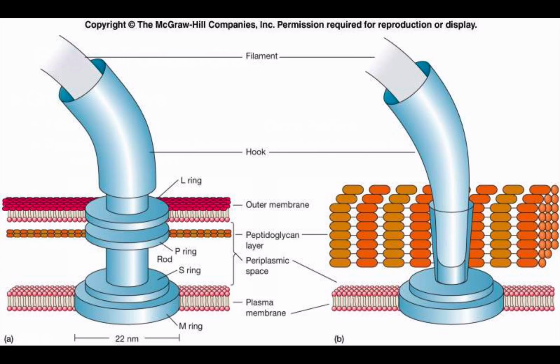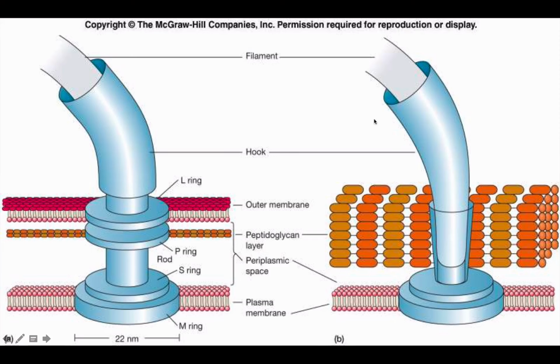This next slide just shows the differences in the flagellar structure of a gram-negative and gram-positive. And as you can see, there's an addition of 2 rings. In the gram-negative, you have the addition of the L ring and the P ring. And then once again, you can see that flagella going into that very thin peptidoglycan layer and that periplasmic space, so it needs those extra rings for its support.